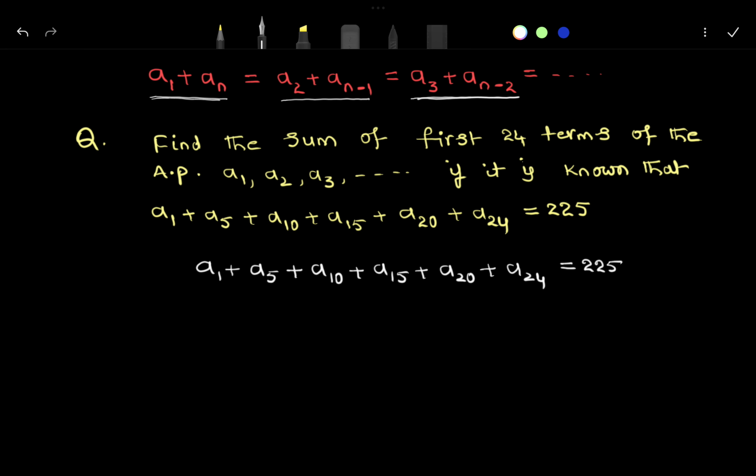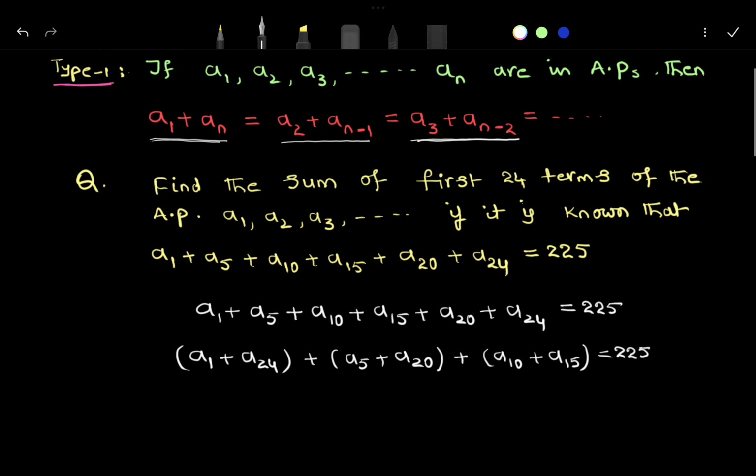So we can write a1 plus a24 plus a5 plus a20 plus a10 plus a15. According to the above property, these three pairs are equal.